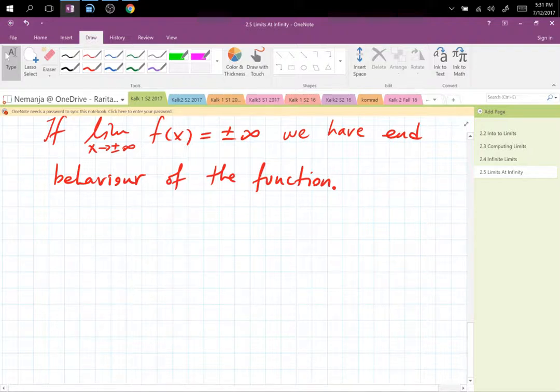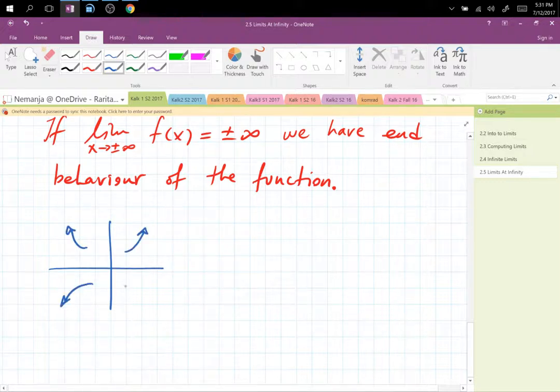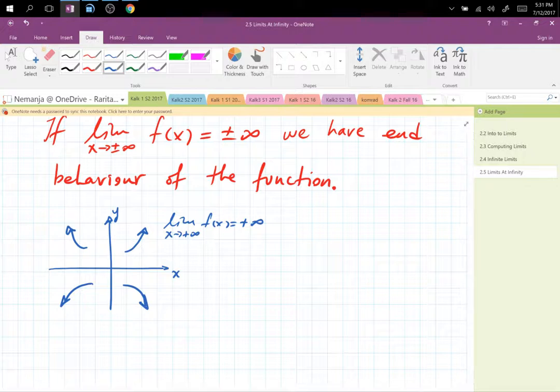Now, in terms of end behavior, functions generally have this, or that. One of these. So this over here clearly is limit as x goes to positive infinity is positive infinity, because x goes to positive infinity and y goes to positive infinity. So that's the end behavior.